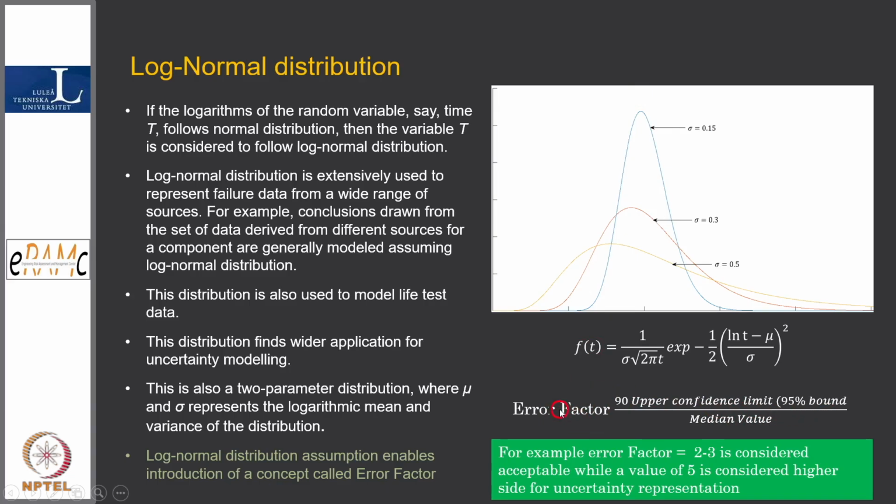This error factor along with the median value is used in simulation in the fault tree. That is how the log normal occupies more importance in probabilistic risk assessment. An error factor of 3 is considered okay, but if there is an error factor of 5 or so, like for human reliability modeling, then it is to be thought about actually.